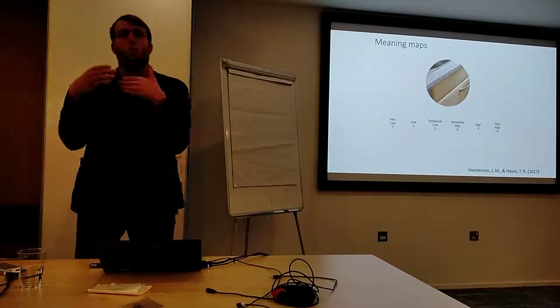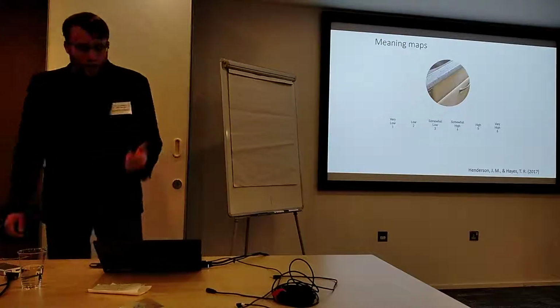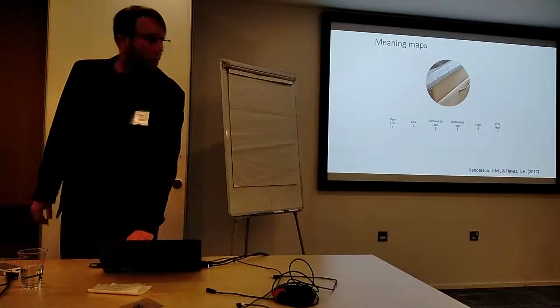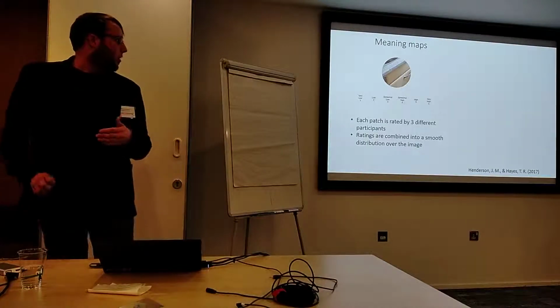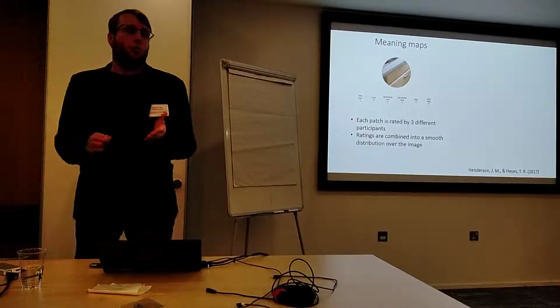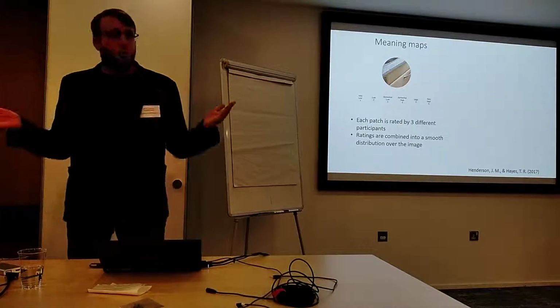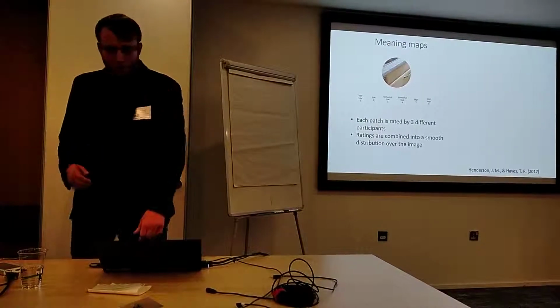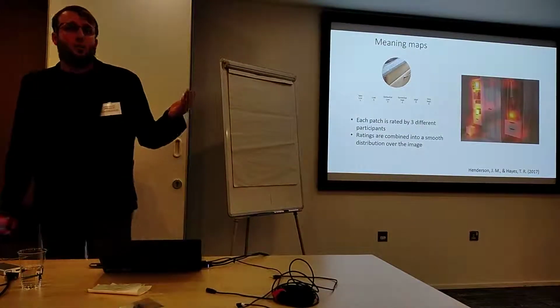So it's shown to the participant, and the participant rates to what extent it's meaningful. And we collect ratings for all patches from a given image. Importantly, each patch is rated by 3 different people, and then they're combined into a smooth distribution, which looks like that. So similar to saliency models.